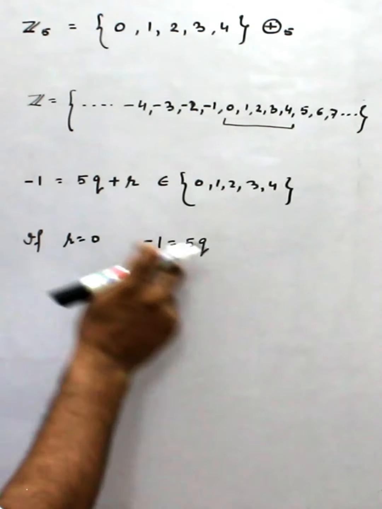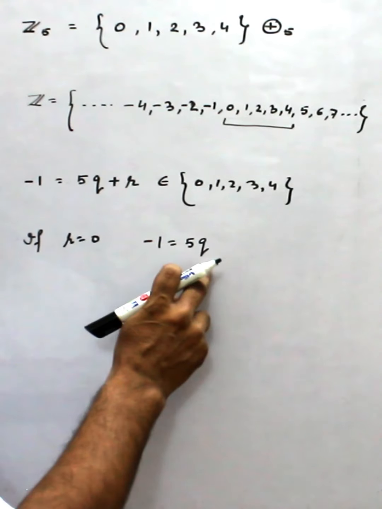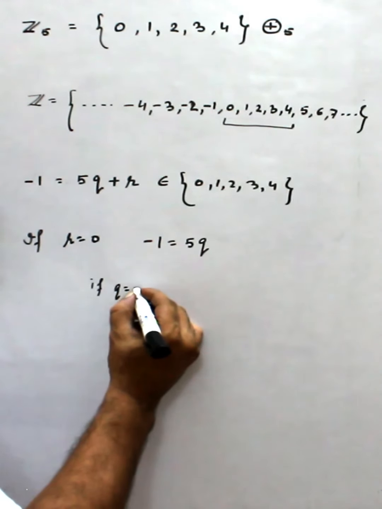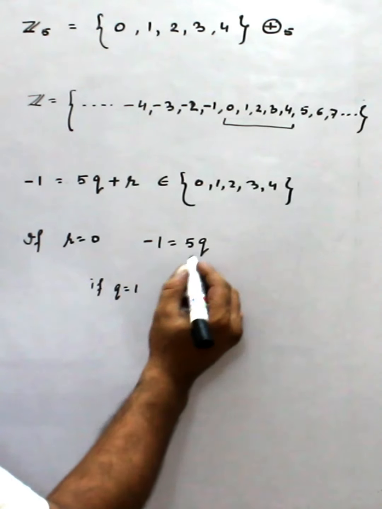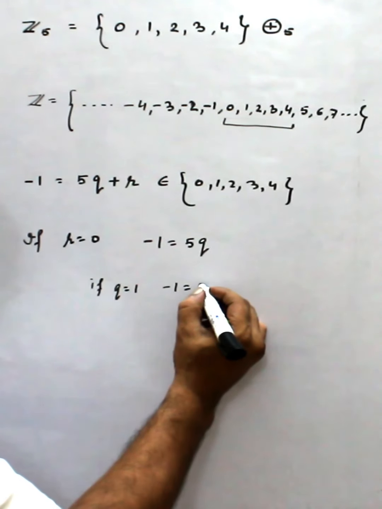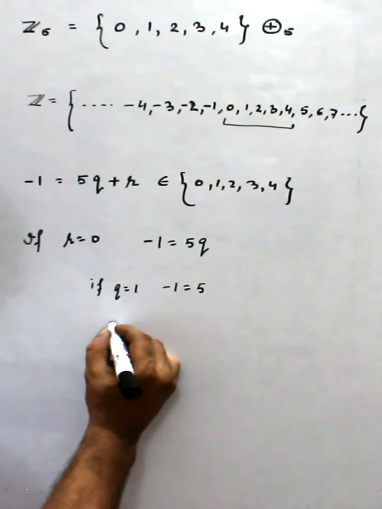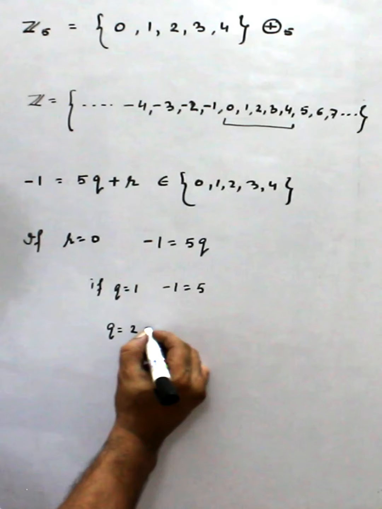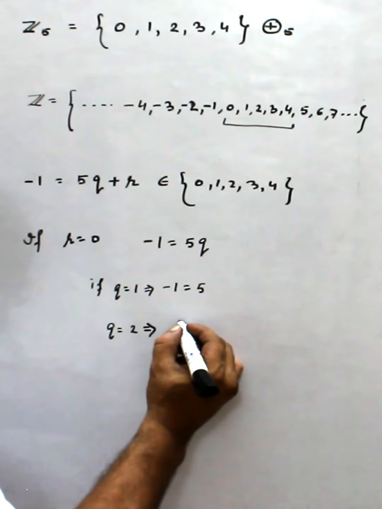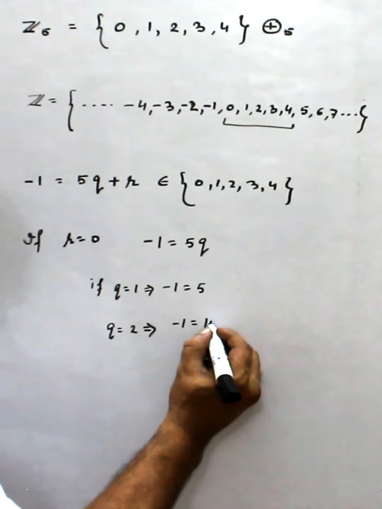Now if I take q equal to 1, then this becomes -1 equal to 5. If I take q equal to 2, then this becomes -1 equal to 10.